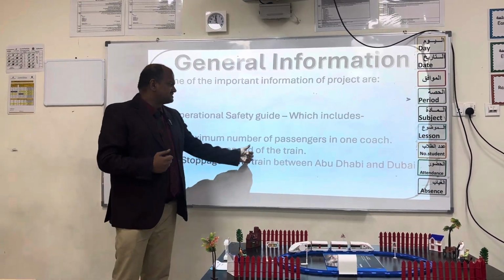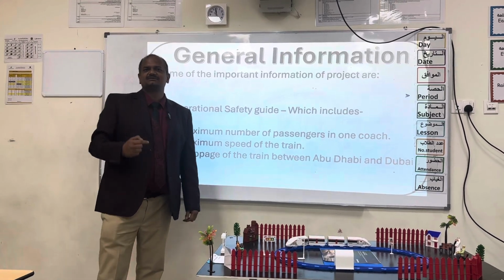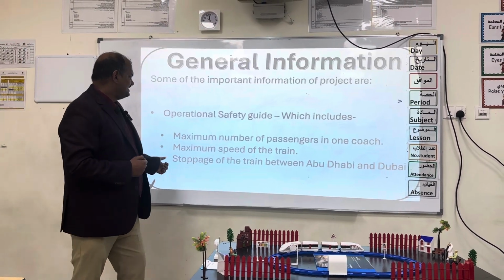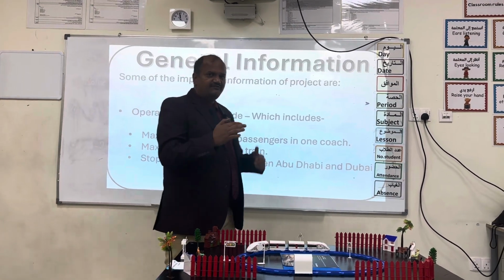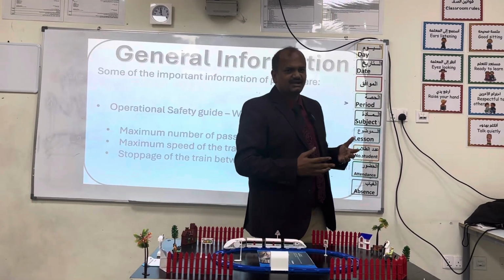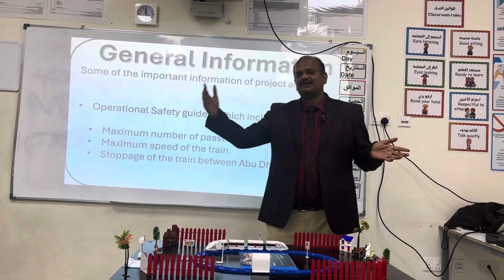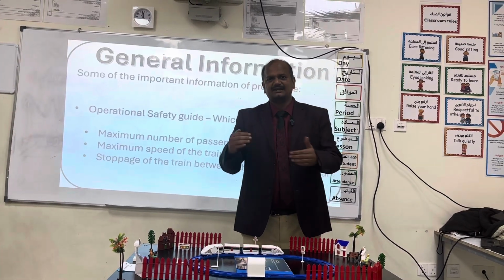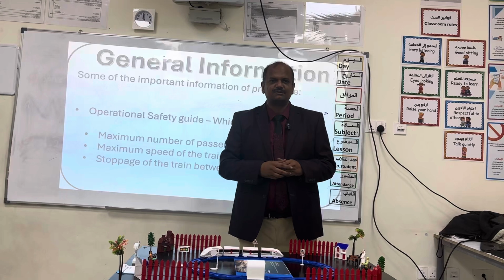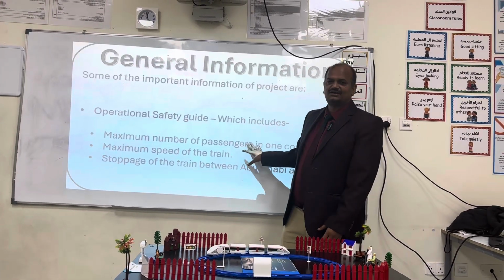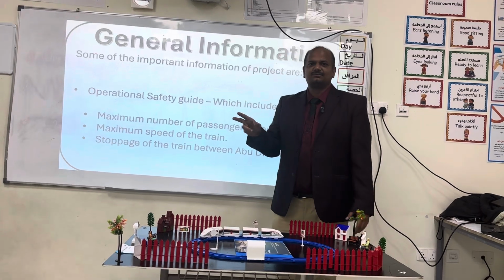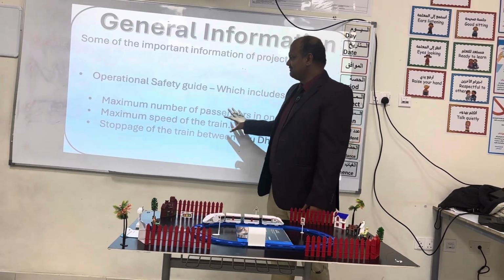Then the maximum speed of the train, obviously there will be some minimum speed also, and then stoppage of the train between Abu Dhabi and Dubai. Maybe the train will directly start from Abu Dhabi and stop at Dubai, but it may stop in between also, maybe Banias or any other place. I'm not that much aware of the places between Abu Dhabi and Dubai, but if you can mention, you can mention.